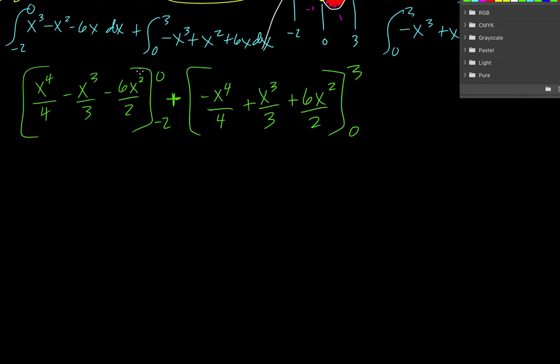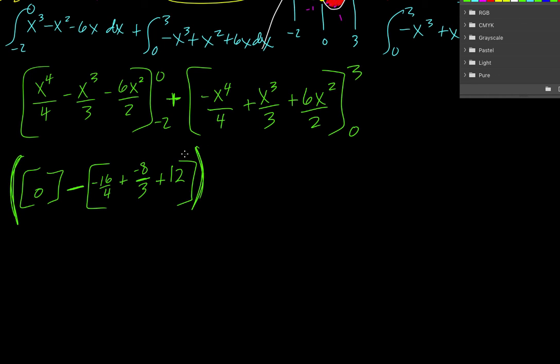Now, if we plug in a 0 for all of these, it's just going to be 0. And then we subtract what we get when we plug in a -2. I'm not going to go through that, but if you plug in a -2 for each piece, I'm going to get -16 over 4, -8 over 3, and then 12.